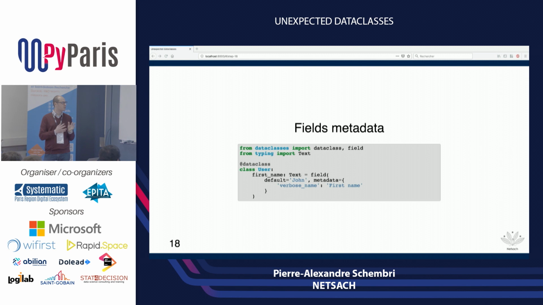You say, okay, I want to display my user and the field, it's first name, but I don't want an underscore. I don't want to perform some complex manipulation. And I'm sure a lot of you have seen this pattern in frameworks like Django. So you can add information like this. I think in the near future, the Django developer team will migrate to data classes.